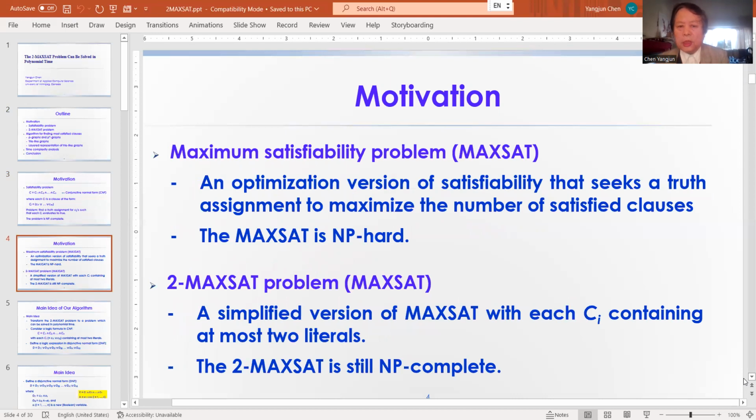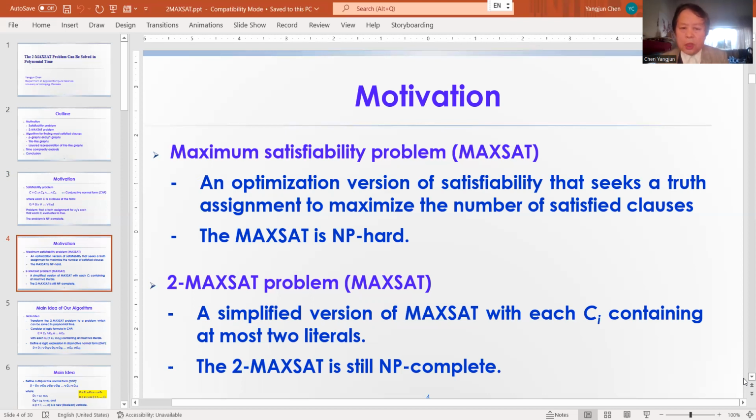The maximum satisfiability problem is an optimization version of satisfiability that seeks a truth assignment to maximize the number of satisfied clauses. This problem is NP hard.